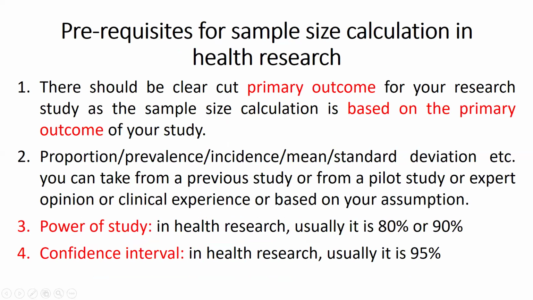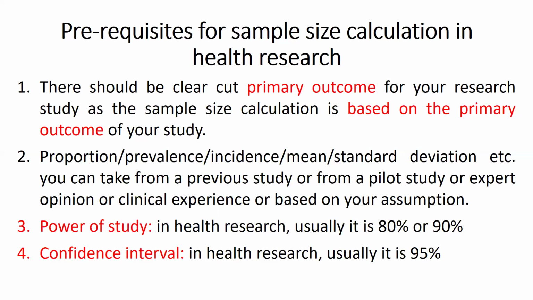These are the prerequisites for sample size calculation in health research, which we discussed yesterday, and you have to remember all these things. We need the primary outcome and proportion, prevalence, incidence, mean, standard deviation from a previous study, pilot study, expert opinion, clinical experience, or based on our assumption.